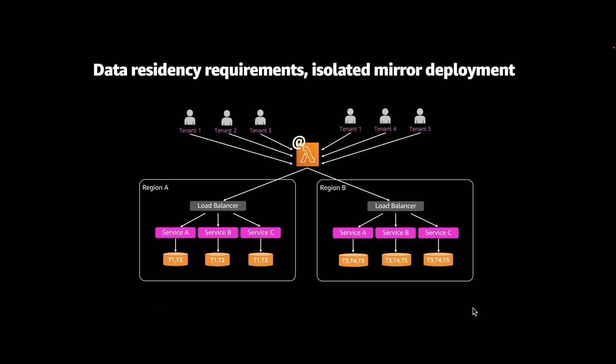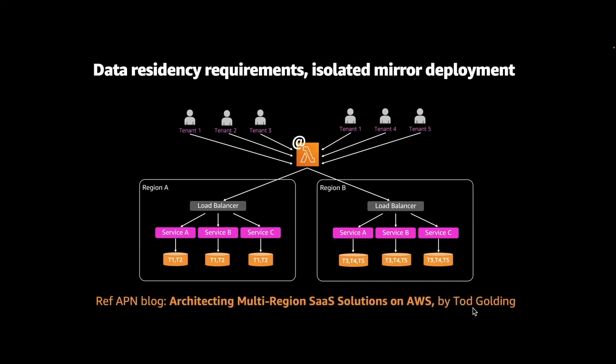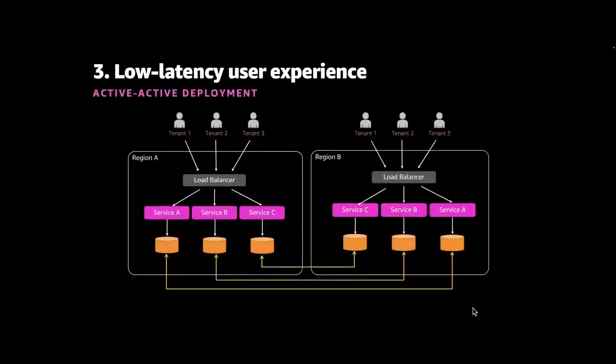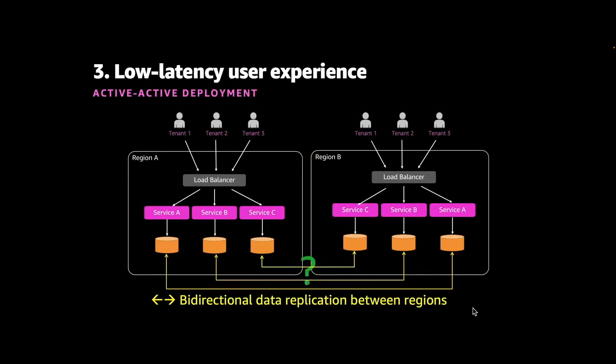You can use that, for example. And also you can use active-active deployment where we have bidirectional data replication between regions. But you need to deal with some race conditions.